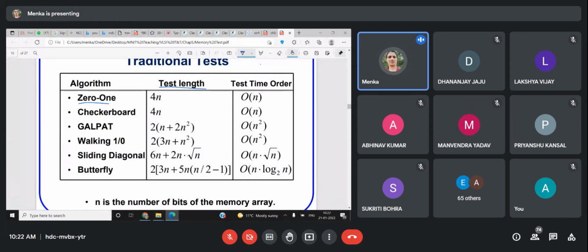Test length is 4 times the number of bits, and the time complexity is O(N), meaning it depends linearly on the number of bits. So the number of bits is N, so the time will depend linearly. Checkerboard, complexity is linear. Test length is 2 square.